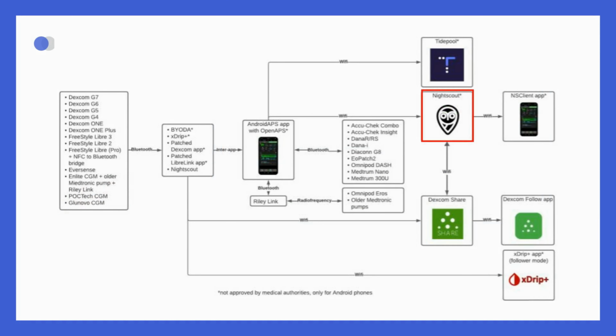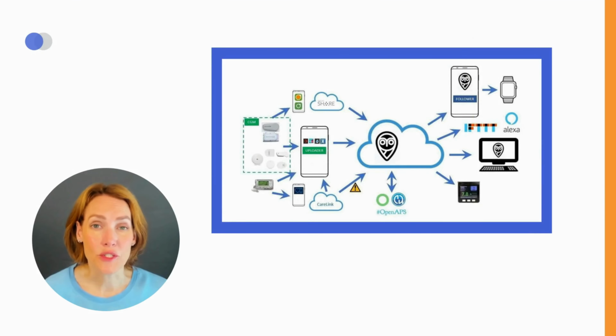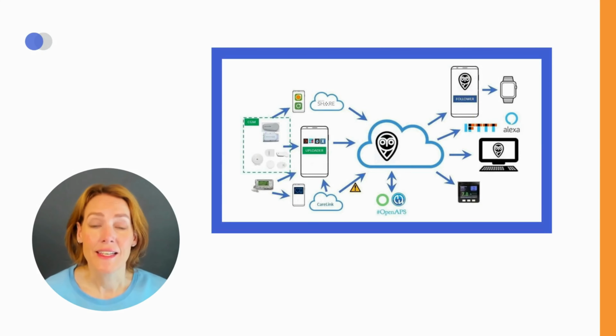Nightscout enables real-time tracking of your sensor and insulin data, allowing you to share it with your loved ones or healthcare provider. Additionally, Nightscout allows for generating reports from your AndroidAPS automated insulin delivery system. Nightscout is more than just a website for AndroidAPS data. It can connect to various devices.